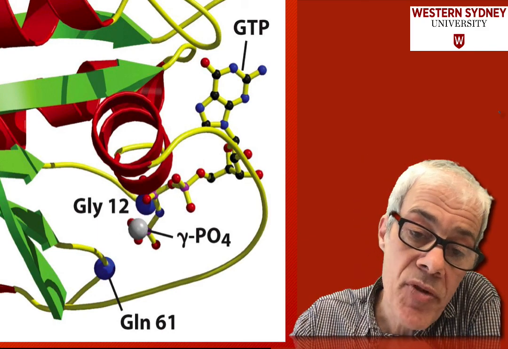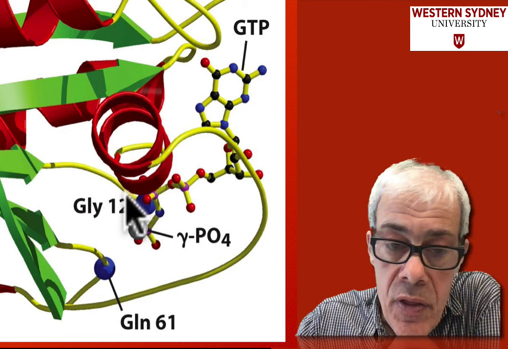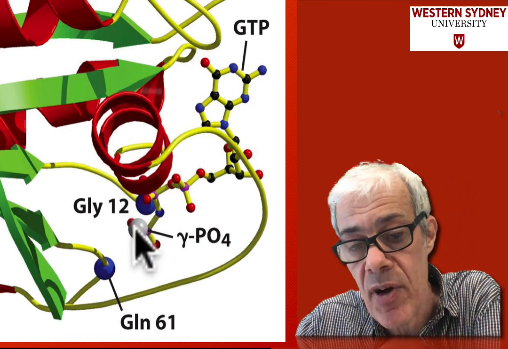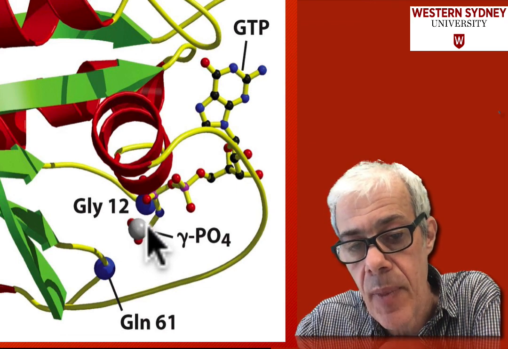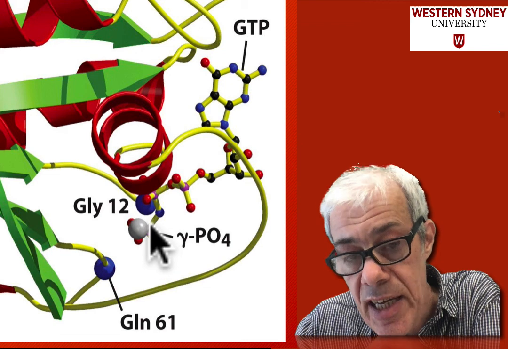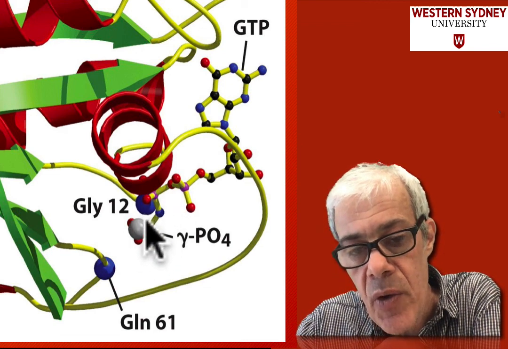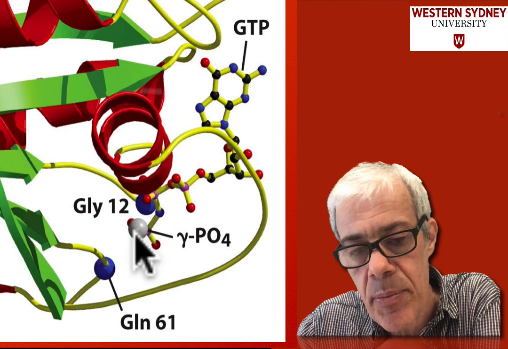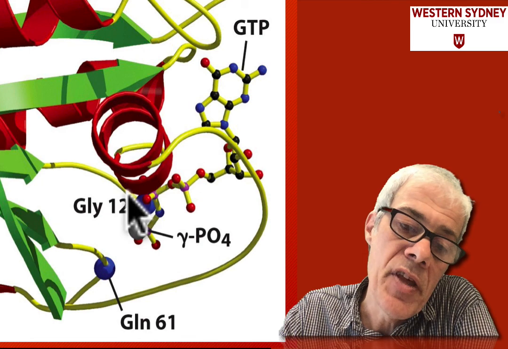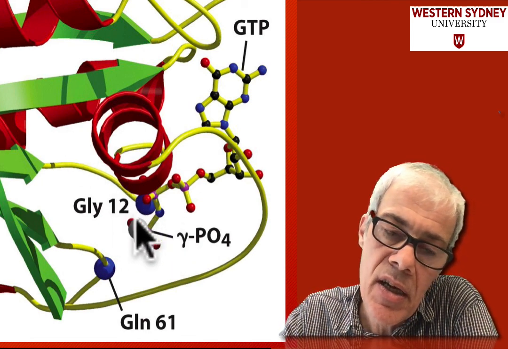If you look at where that residue is relative to this nucleotide, the side chain is really close to the gamma phosphate of GTP. And we know that the change between GTP and GDP really affects the protein structure, and so does the ability of RAS to hydrolyze this gamma phosphate.